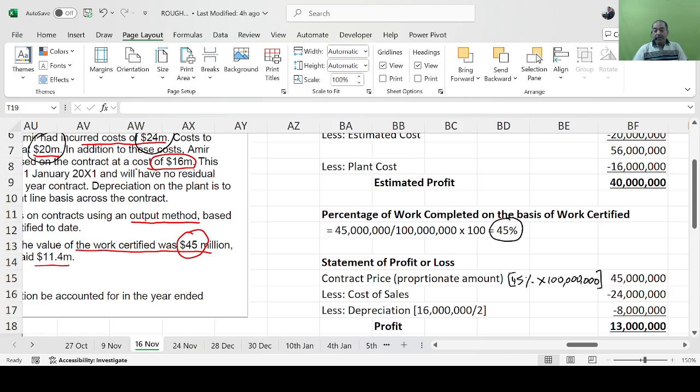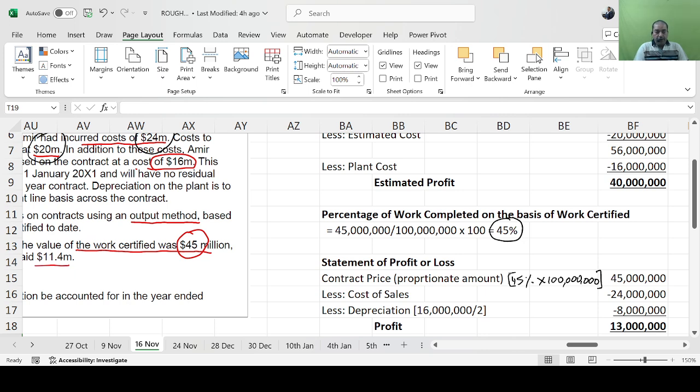That is 45 million. Less cost of sales, whatever has been incurred up till now, $24 million. Less depreciation, $16 million cost, divided by the life of the project, that is 2 years, $8 million.